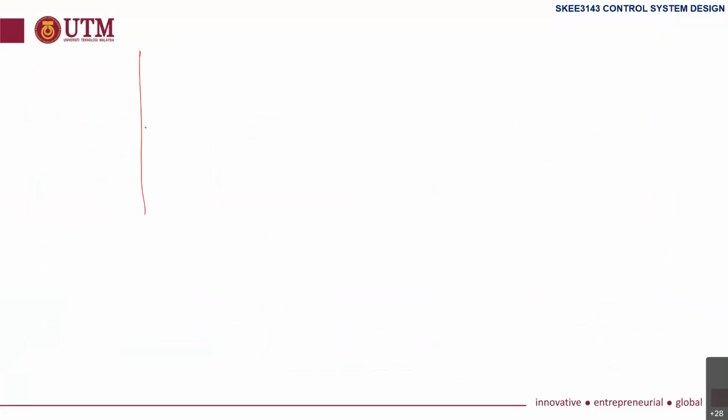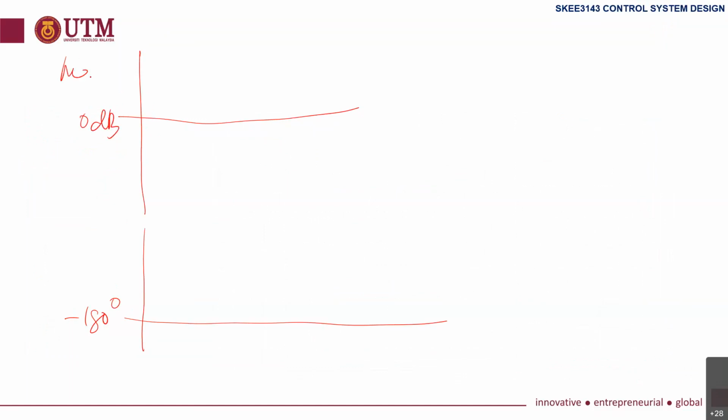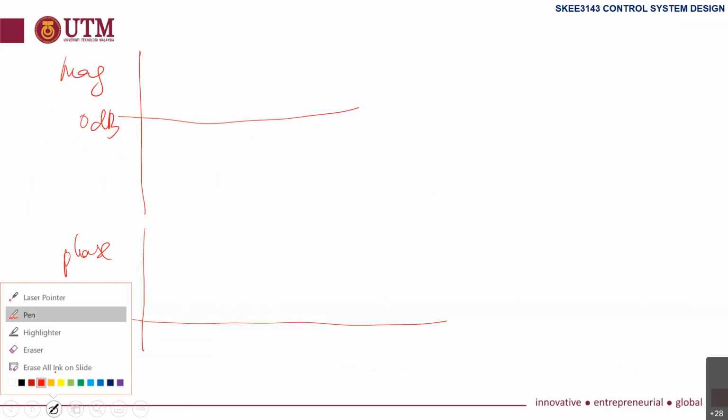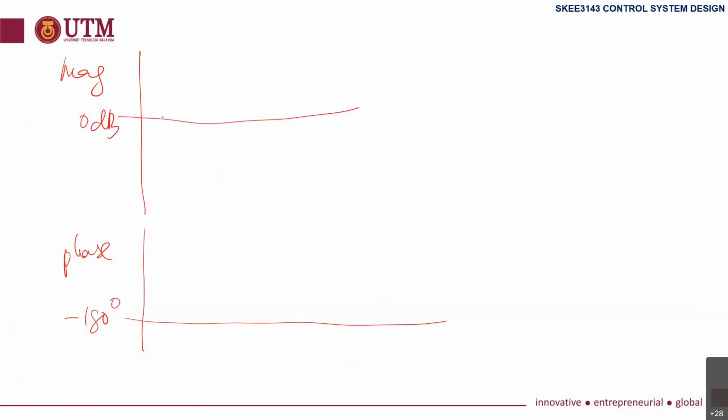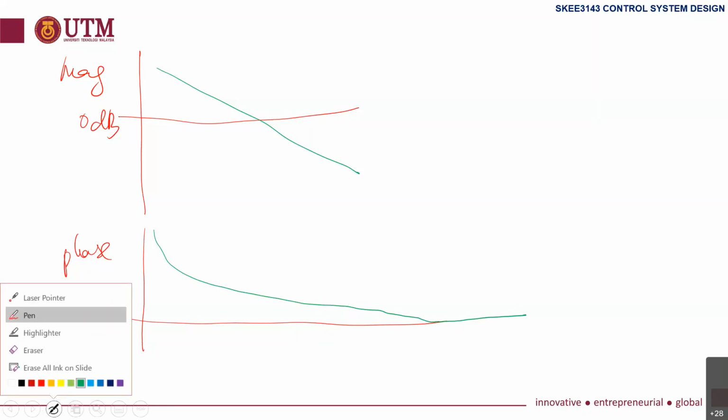If we have a system like this, just for information, 180 degrees, this is 0 dB, magnitude and phase. If the magnitude is like this, and the phase did not cross 180 degrees, I will redraw it.